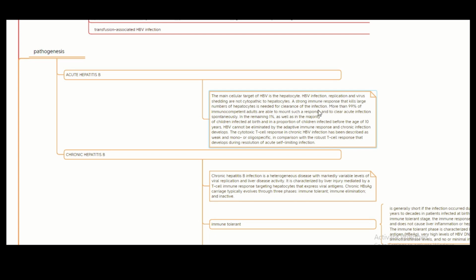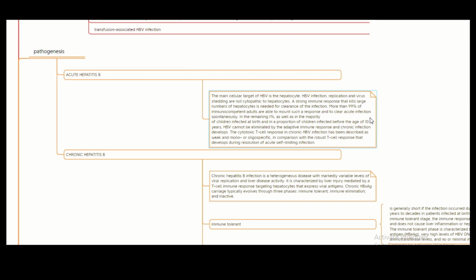In the remaining 1%, or in the majority of infected people from other demographic groups, like people infected at birth, before the age of 10, and people who have deficiencies of adaptive immune response, such as people with immune depression, autoimmune disease, on high immunosuppressive doses of drugs, or with genetic predisposition, there will not be a strong cytotoxic T cell response.